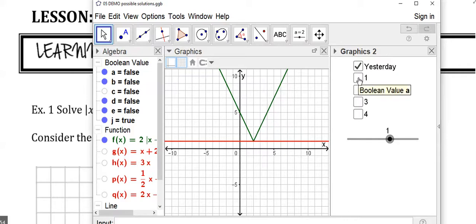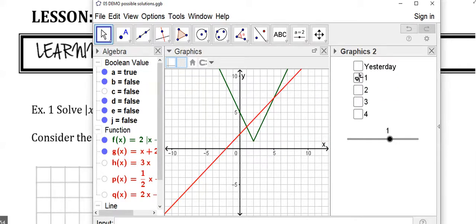So what are the different possible outcomes here? Well, you could have two solutions, right? If the line crosses through here and crosses through in another spot, we see it has something to do with the slope of the line versus the slope of the absolute value lines, because you could think about their steepness as well. What are the other possibilities?